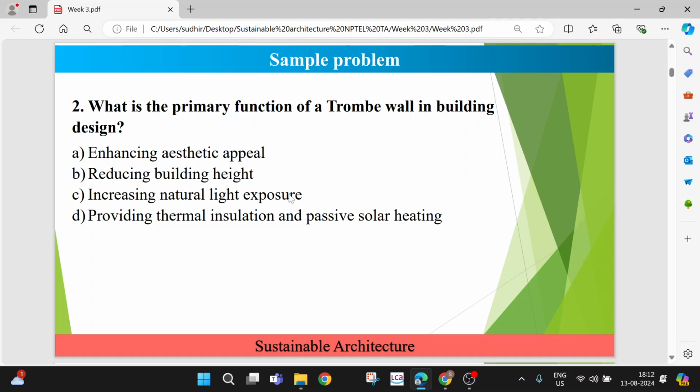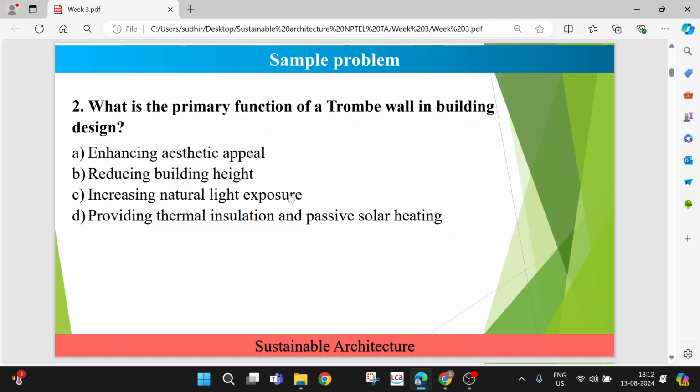Option D, providing thermal insulation and passive solar heating. Yes, I think now it is well explained that the primary function of the Trombe wall is to provide thermal insulation. As you can see, it is separating your outside environment and the inside environment, and it is also providing passive solar heating because it does not have any mechanical system for heating.